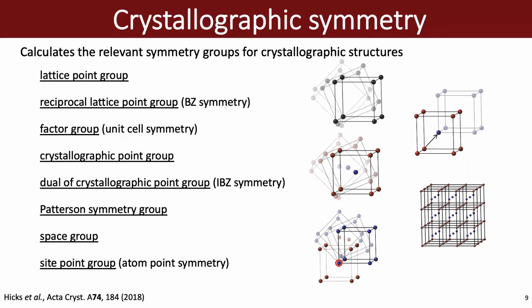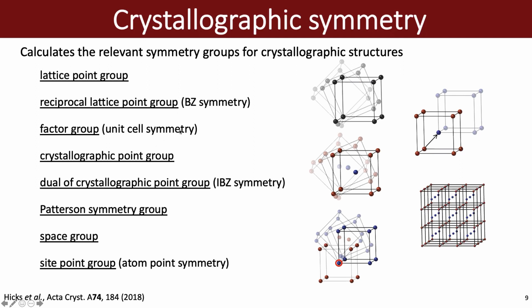And so knowing this, there are many different symmetry groups that AFLOW calculates. So we calculate the lattice point group, so these are the point group operations with respect to lattice points. And then we also consider the Brillouin zone symmetry, so the reciprocal lattice point group. Then I mentioned the factor group, so this is the unit cell symmetry.